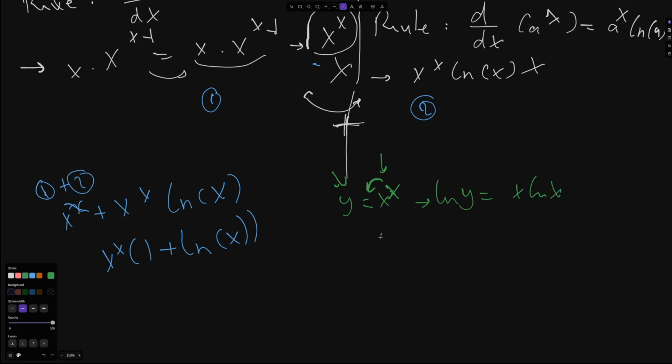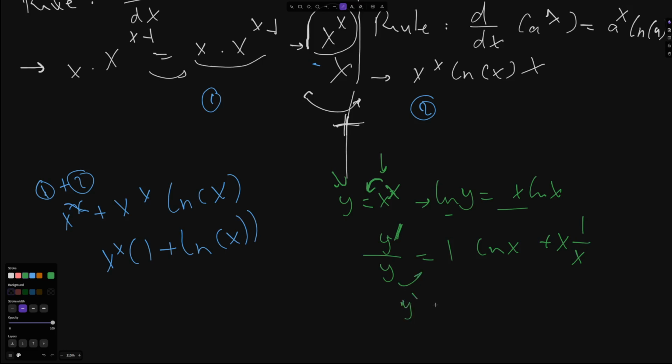So by differentiating both sides, dy by dx over y equals 1 times ln x plus x times 1 over x. Then let's leave y dash on this side and throw the y to the other side.